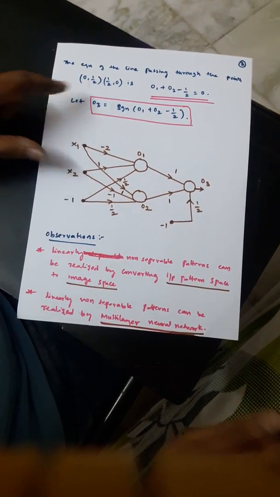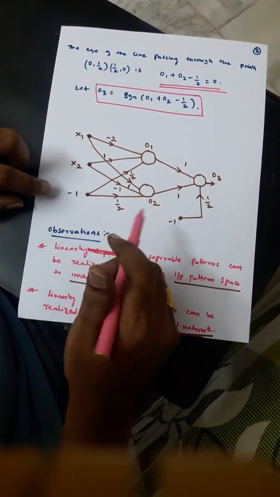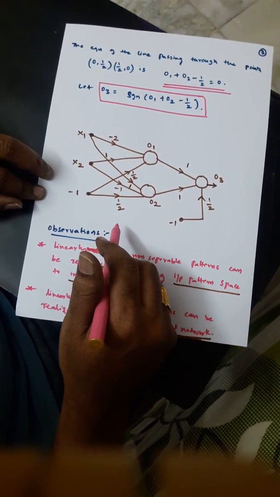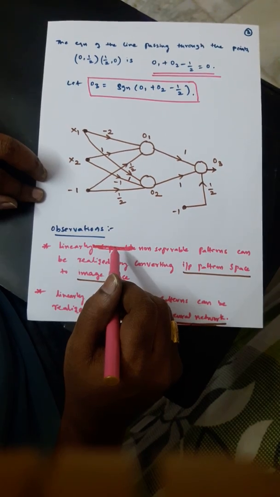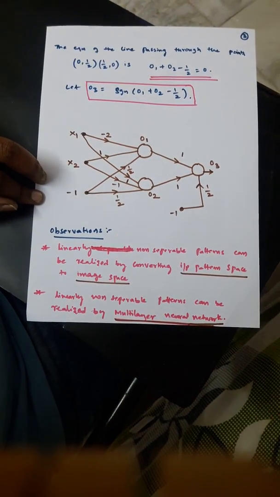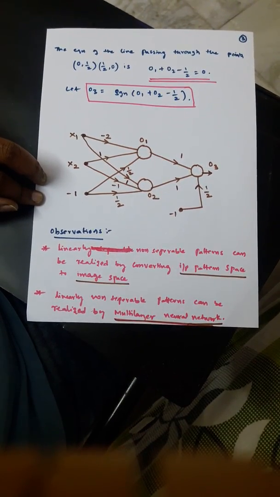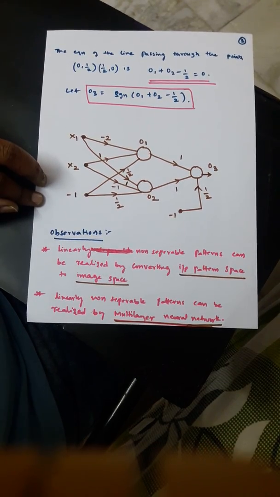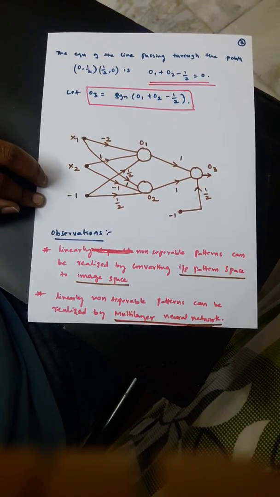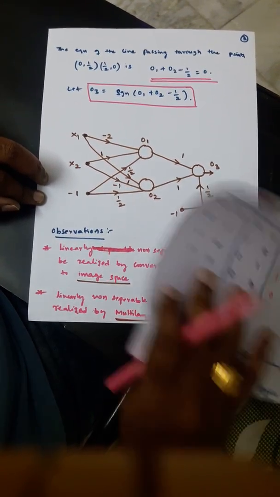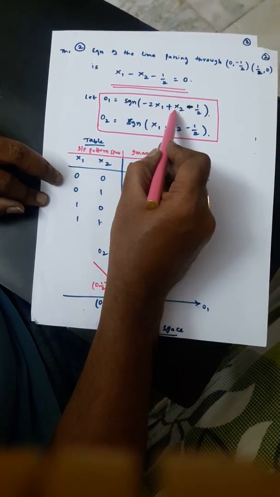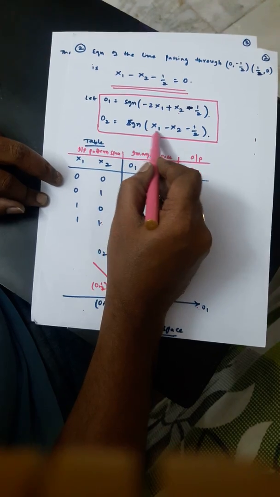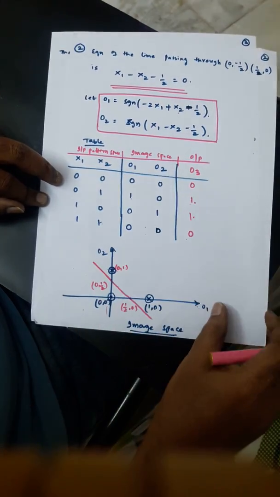Now let us come to our next step, that is how we have to draw the neural network. Let us recall the equations. O1 and O2 are signum of minus 2x1 plus x2 minus 1 by 2, and signum of x1 minus x2 minus 1 by 2.